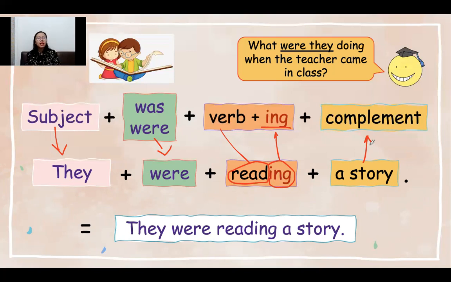Okay, sleeping in the bed. Or for example, the verb is drink, the complement is drink water. The verb is drink, the complement is water.